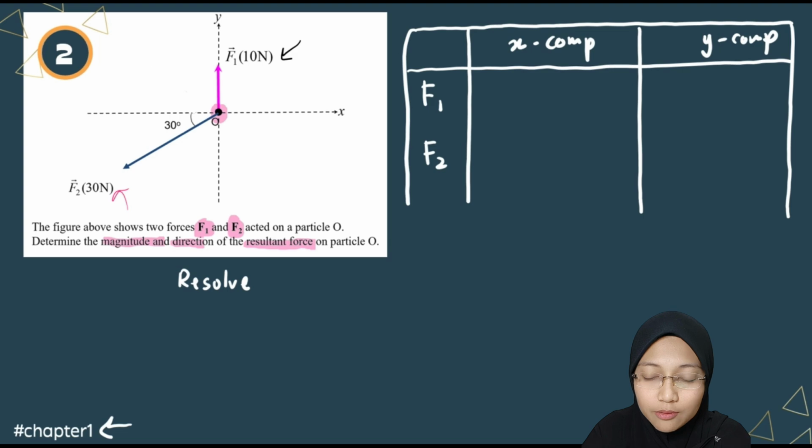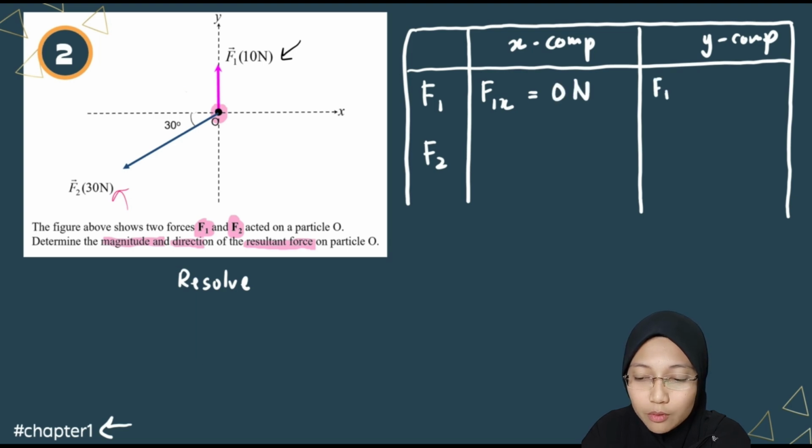For F1x, we don't have any x component because F1 is already in the y direction, meaning that we have 0 Newton. And for F1y, we have 10 Newton. It is equal to F1.